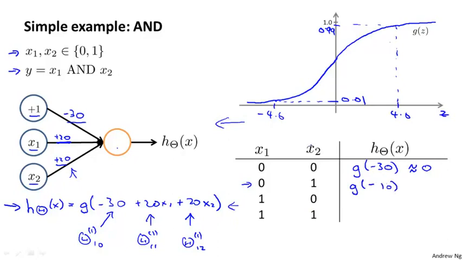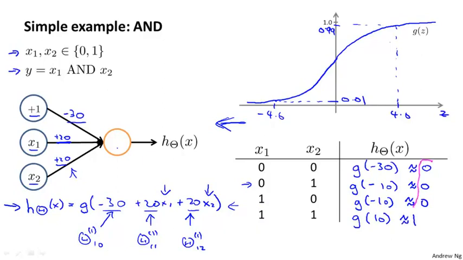And again, that's to the far left of this plot, and so that's again very close to 0. This is also g of minus 10, that is if x1 is equal to 1 and x2 is 0, this is minus 30 plus 20, which is minus 10. And finally, if x1 equals 1, x2 equals 1, then you have g of minus 30 plus 20 plus 20. So that's g of positive 10, which is therefore very close to 1.